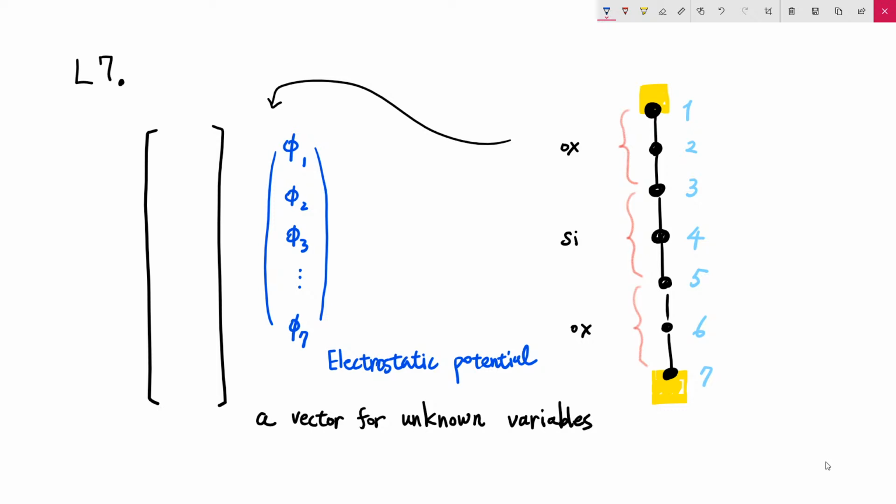But actually, this is not the case in a realistic simulation. So, do you feel something still needs to be improved in this scheme? I wanted to ask all of you for any opinion on this way to set the 7 variables for electrostatic potential. Okay, so everybody please respond to me.